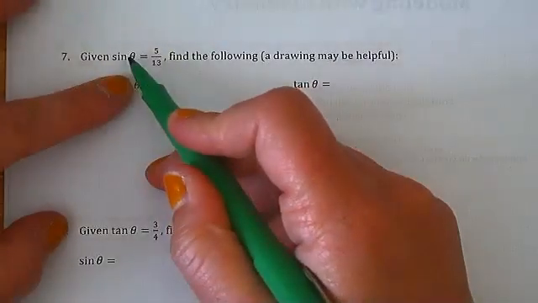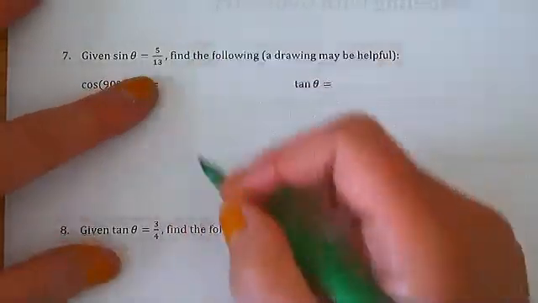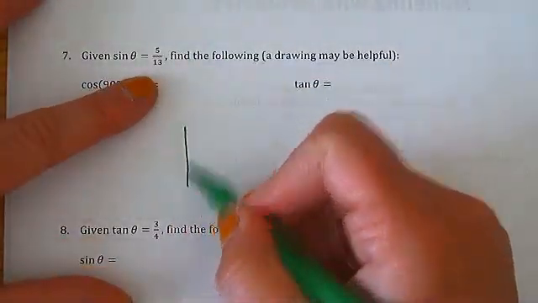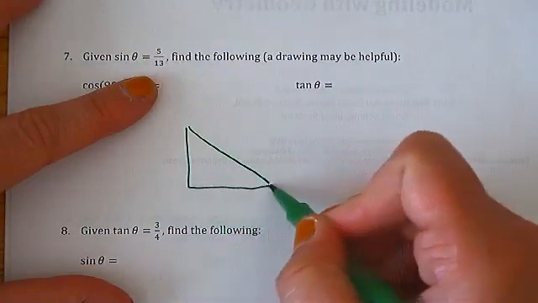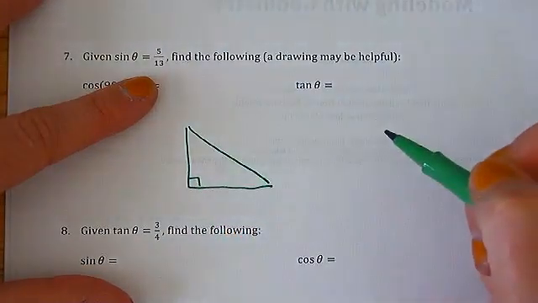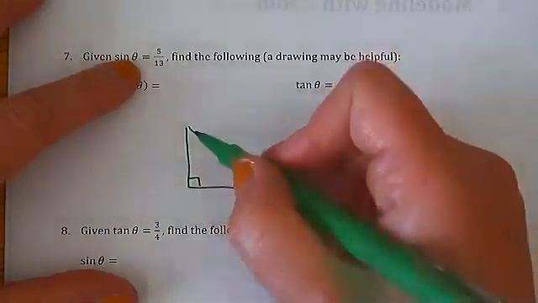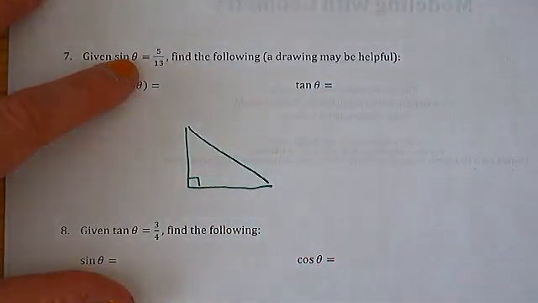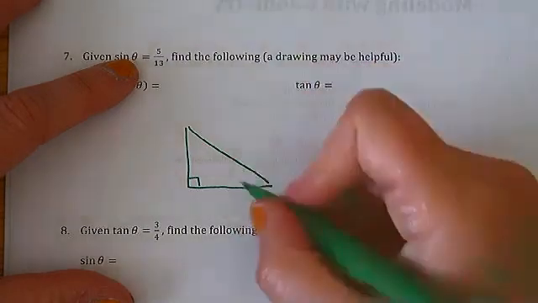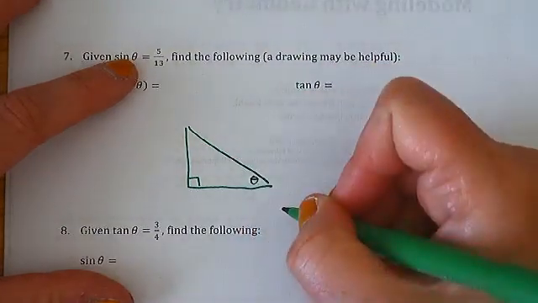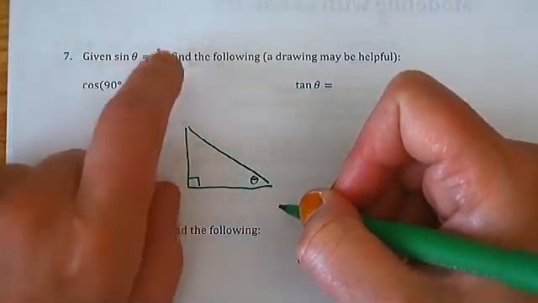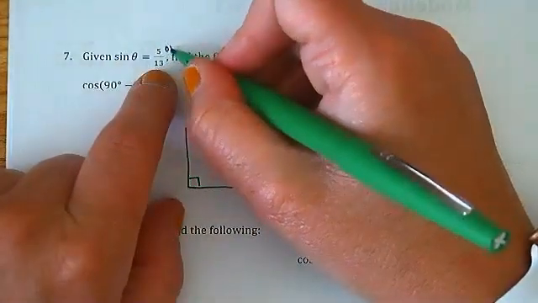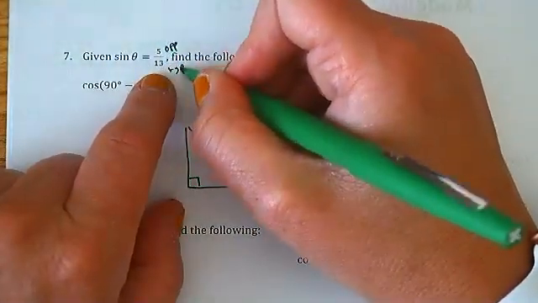So if we start here, sine of theta is 5 over 13. Let's draw ourselves a triangle. A right triangle, of course, because that's where you find trig. Theta, you can put theta here or here. It actually doesn't matter, but it is important for you to label your image. So I'm going to choose to put mine down here. So if sine is equal to 5 over 13, we know that sine is opposite over hypotenuse, right?